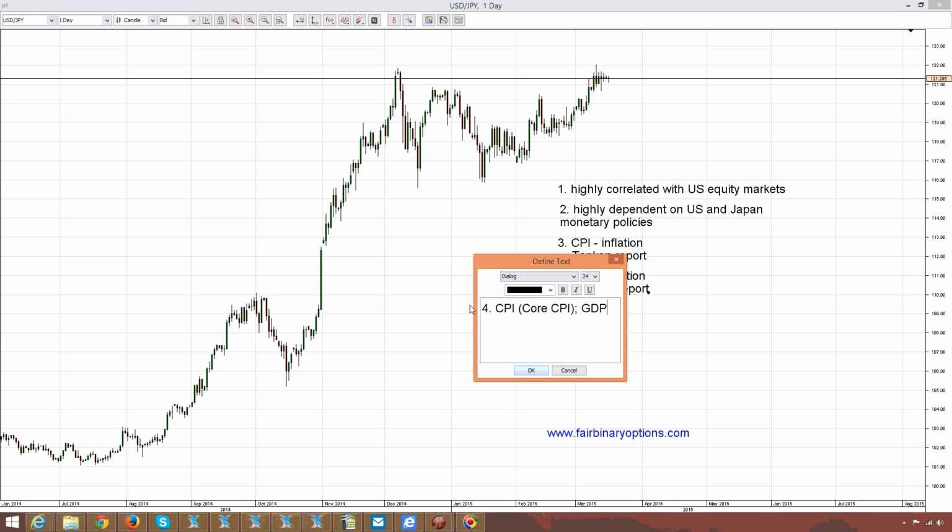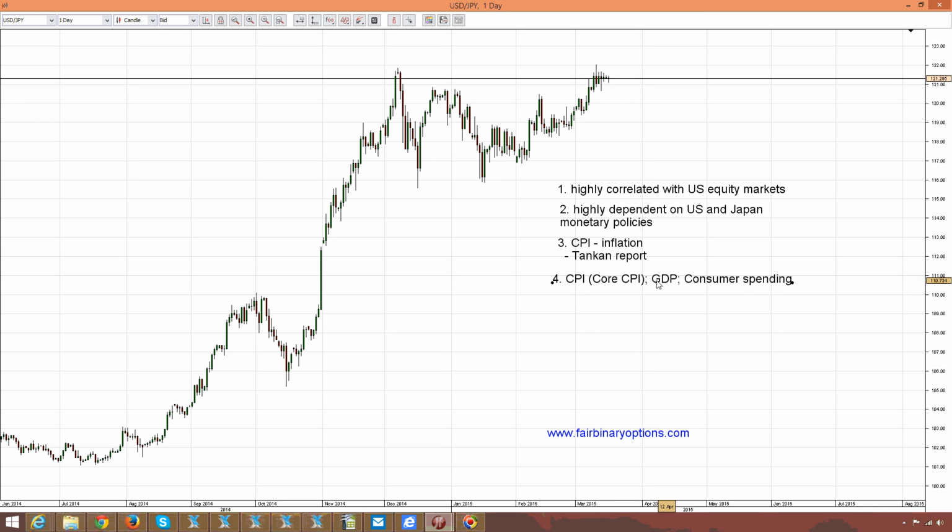This represents the total value of goods and services that an economy is producing. Then, of course, we are talking about consumer spending, which is extremely important. Why? Well, this is exactly the problem that is now in the world. Lack of inflation.